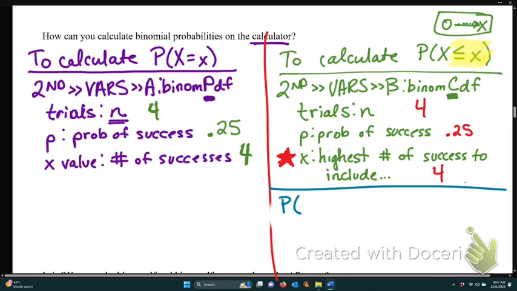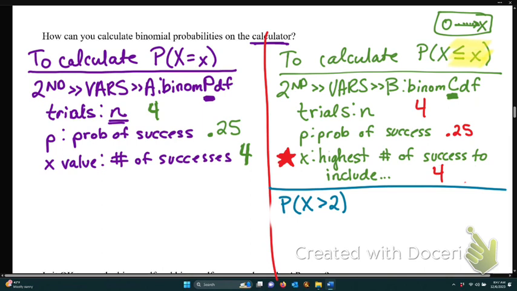What is the probability that the number of successes is greater than 2? What are you going to do? Here's the deal, you guys. You can't do it. You have to change the problem to match that.